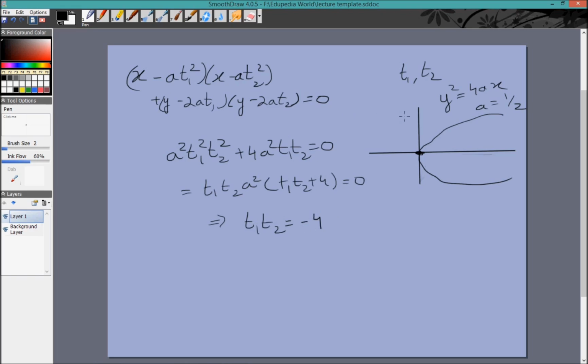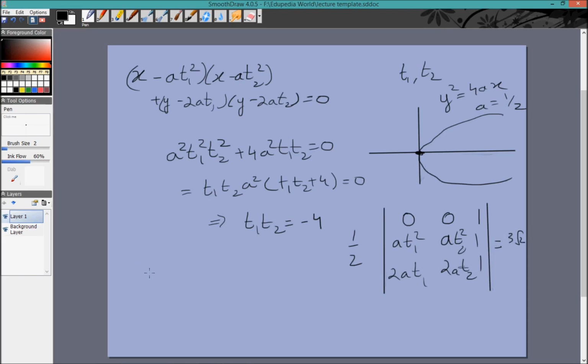Now we are given that the area of the triangle formed by these three vertices is 3 root 2. We know the area of the triangle if three vertices are given: half times the determinant with rows x1 y1 1, x2 y2 1, and so on. We are given that this is equal to 3 root 2. So we can calculate this.